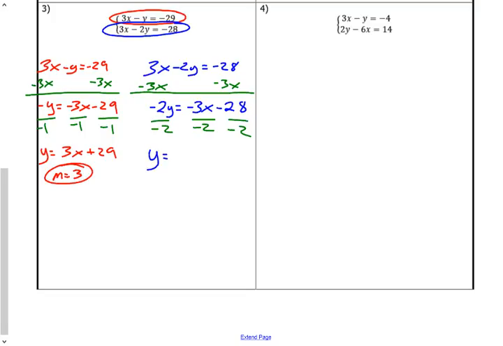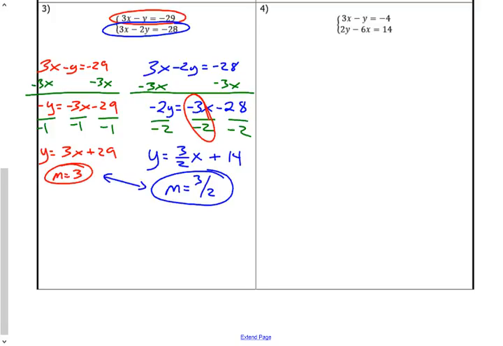All right, so right here, -3 divided by -2 is +3/2, and it's important to get those slopes correct. 28 divided by 2 is 14, and here my slope is 3/2. So now when I compare these two slopes, they're not the same, they're not reciprocals, they're nothing. So these really have no relationship at all, so we're just going to say neither.